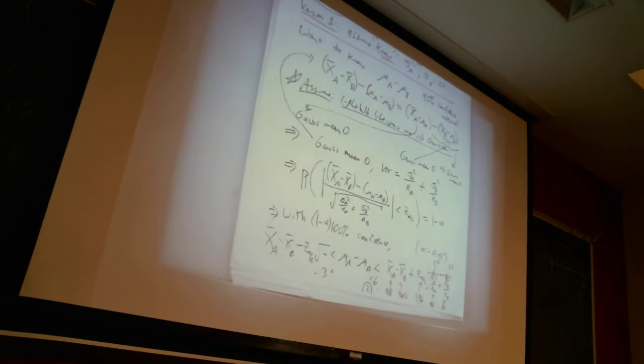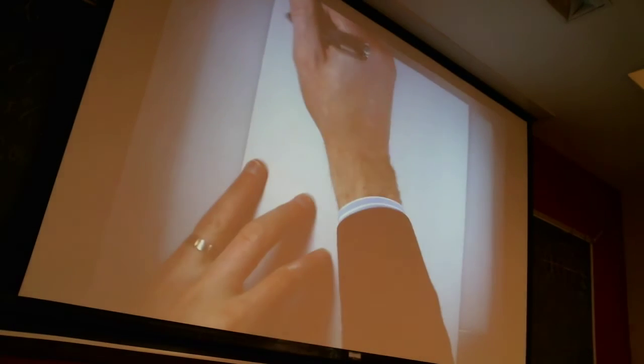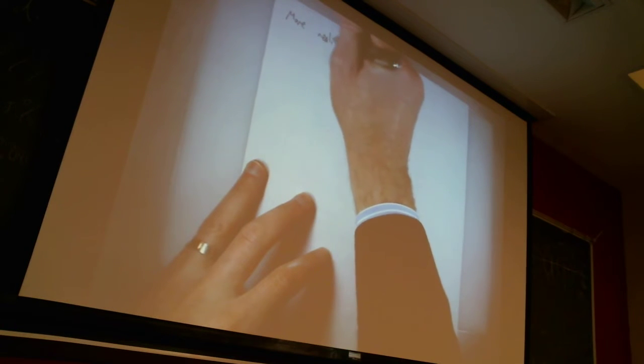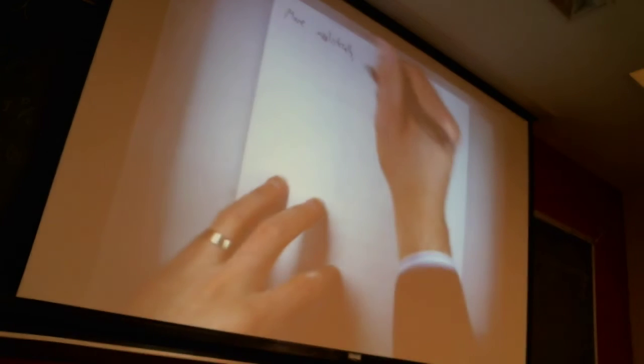Okay. So more realistically, we don't know sigma. Let's talk about that. This is page 3. More realistically, we don't know sigma.